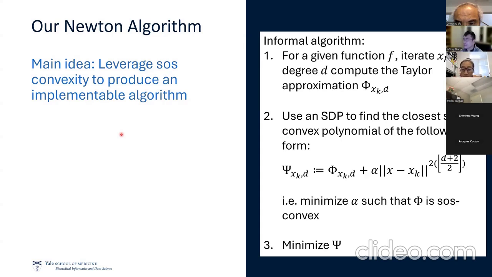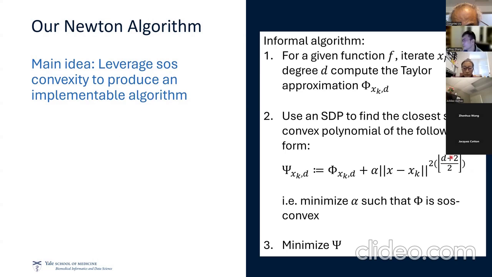You compute your Taylor expansion, you compute the exact coefficient on the regularization term that you need, and then you minimize the approximation. What this thing over here is saying is just a fancy way of saying the next even number that is higher than d.